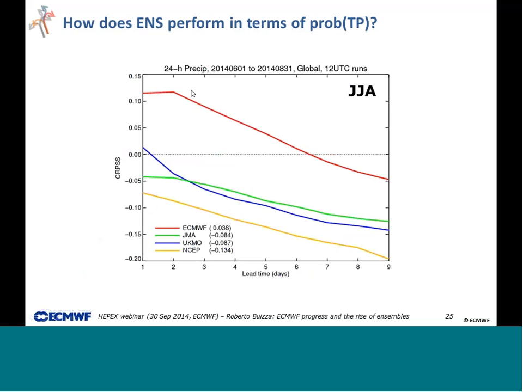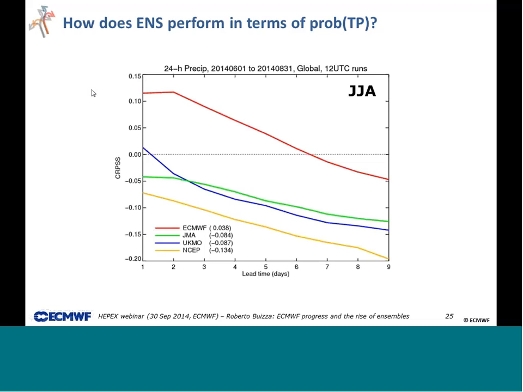Clearly, the observed PDF is a delta function because if it rains 25 millimeter and we are considering the event precipitation greater than 20 millimeter, the event occurs at one grid point, so the value is 1. While for the forecast, we might have a probability of, I don't know, 80% or so.